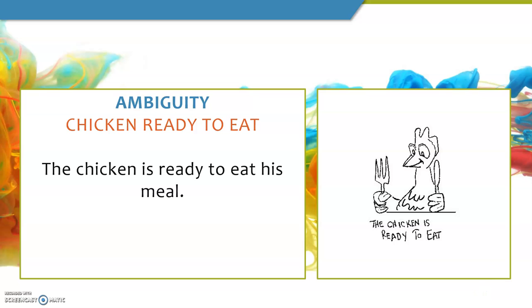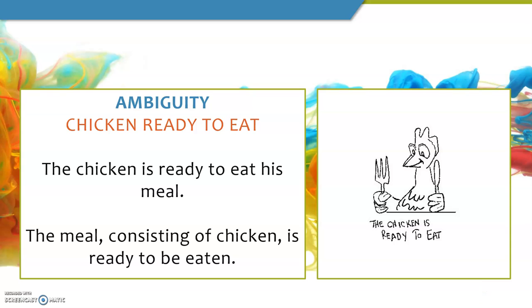The first interpretation is that the chicken is literally ready to eat his meal. He's got his knife and fork ready. Or the meal, which is chicken, is ready to be eaten. So the chicken is cooked and ready to eat. Obviously, the second interpretation is the more common use of the phrase. But you can see how the ambiguity could be created there.